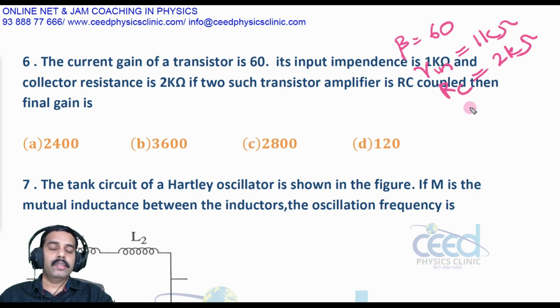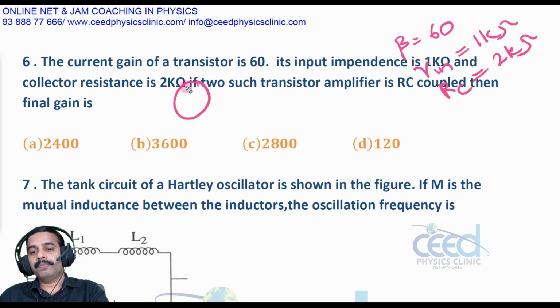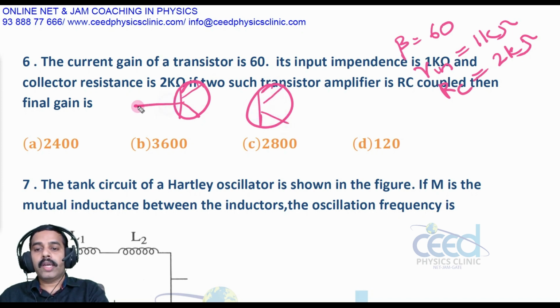Then the final gain is the gain of the first stage times the second stage, as we have already studied. Suppose I have a 2 transistor amplifier. Here I am giving an input, but due to loading effect, the output impedance is equal to RAC. RAC is equal to RC Rin divided by RC plus Rin.